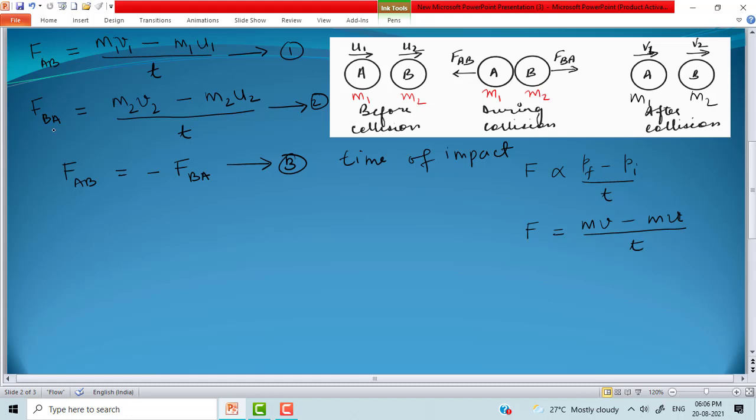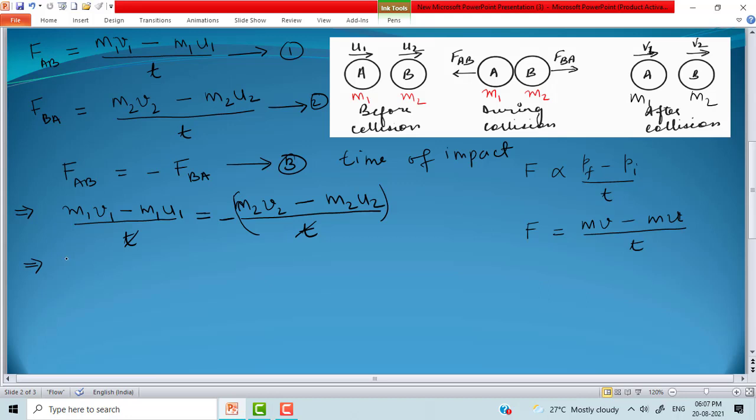Putting the values of FAB and FBA in equation 3, we get m1 v1 minus m1 u1 divided by time equals minus, in a bracket, m2 v2 minus m2 u2 divided by time. T and T can be cancelled.